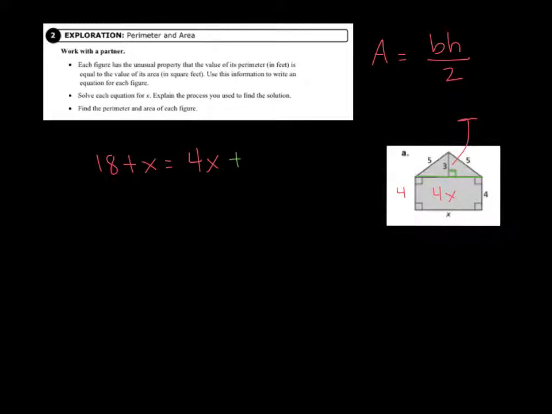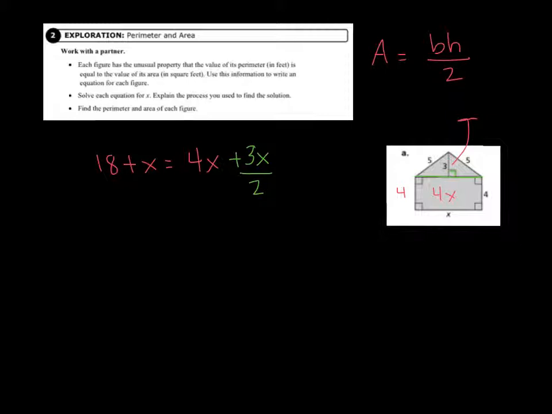So I'm adding the area of the triangle. So I have x times the height, so 3x, all over 2. So what I have on this right side of my equation, this is the area of the composite figure. What I have on the left side would be my perimeter.